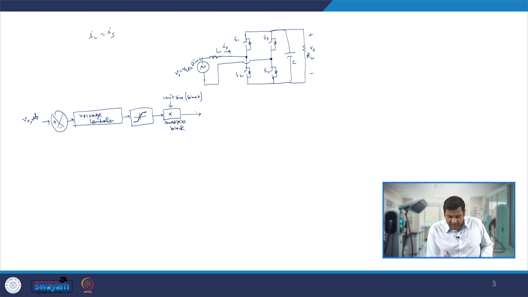This will define the IS reference, because our IL is nothing but IS, and again this comparison we will take down from the circuit. So it is nothing but the IS, so we can take it from here and send it to the current controller.